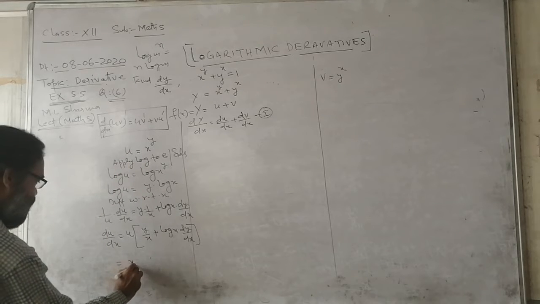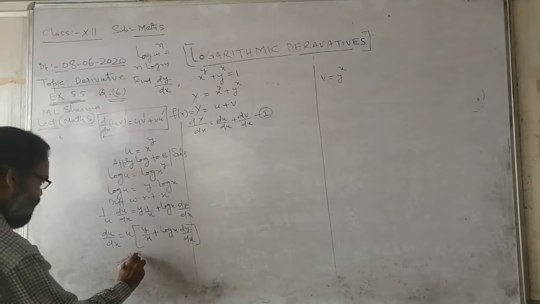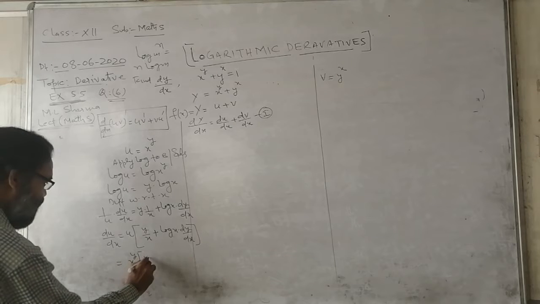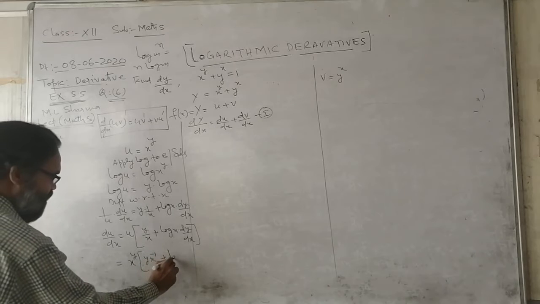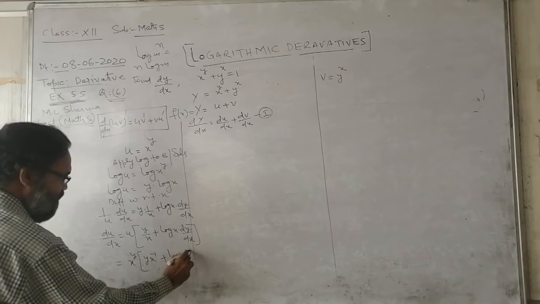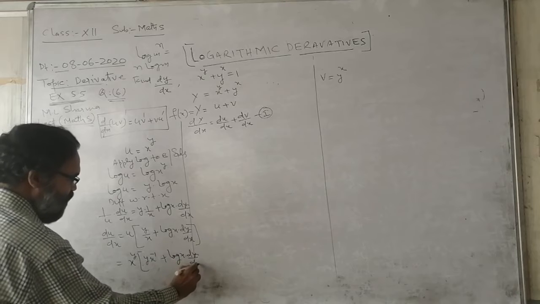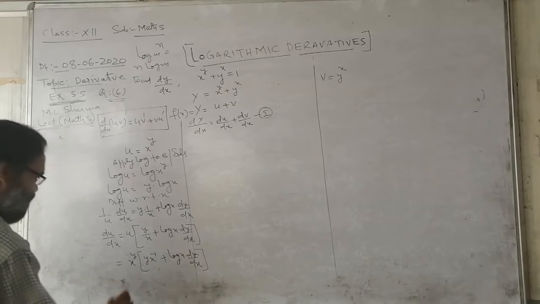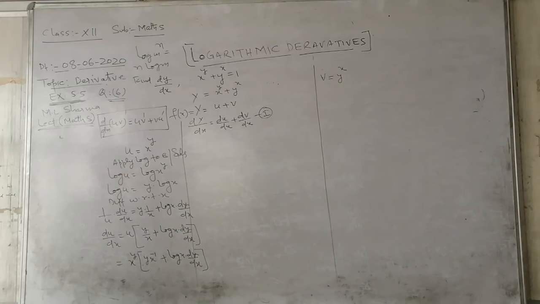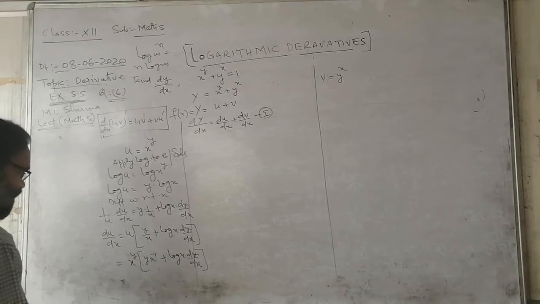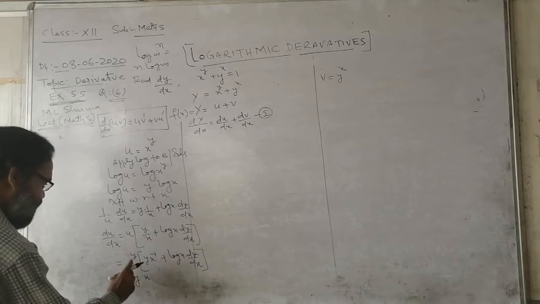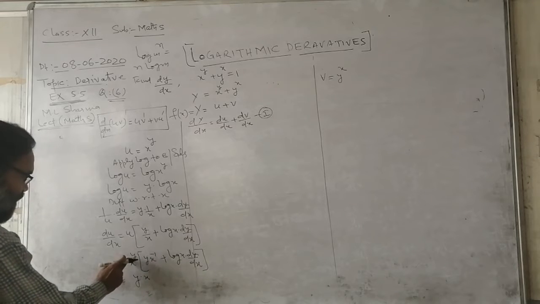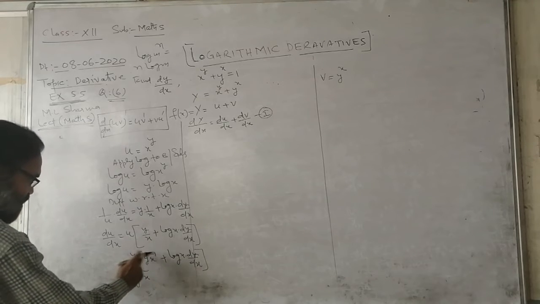So I can write x power y into y into x power minus 1 plus log of x into dy upon dx. If I multiply both the terms, the bases are the same and the exponents are to be added.